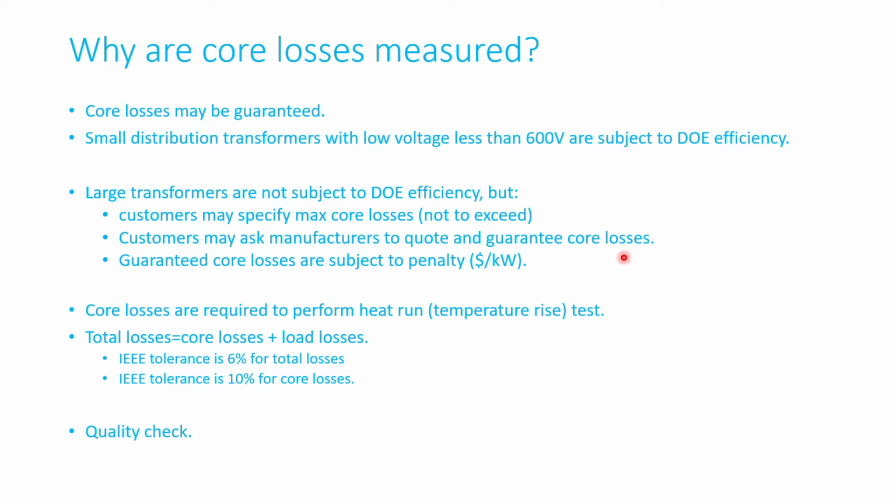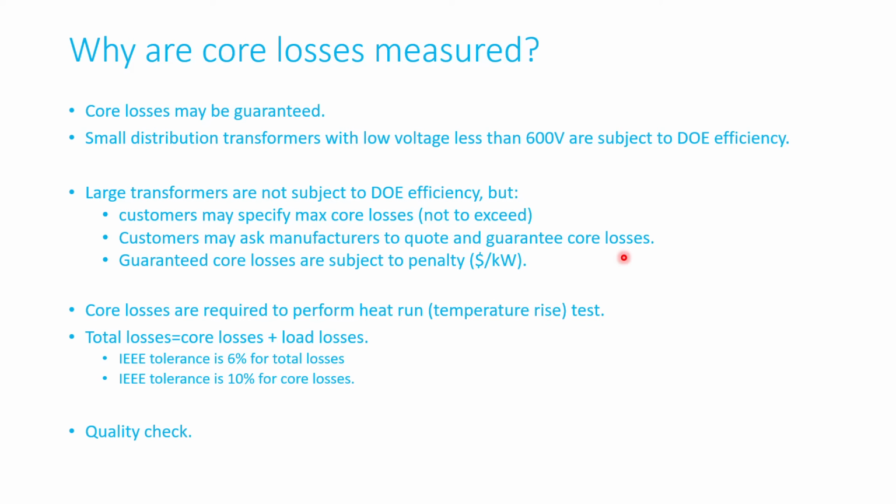Some customers, before they send the RFQ, the request for quote or proposal, might ask manufacturers to quote the core losses that the transformer will see when it's energized, and those losses have to be guaranteed that they will be met during testing.